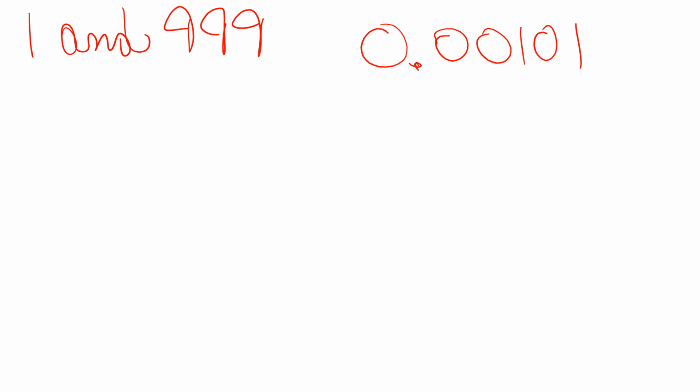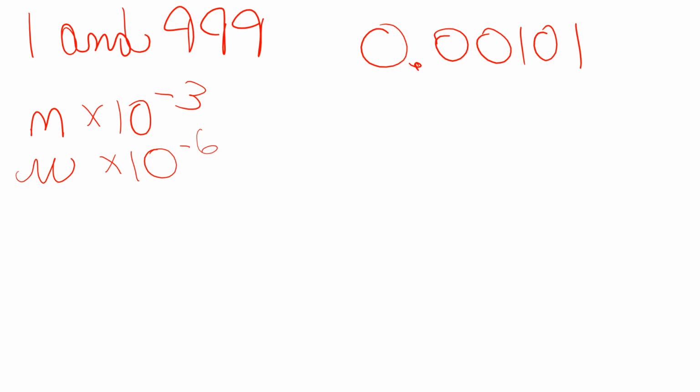So let's do one here. Since it's less than 1, I know that it has to be either milli, which is times 10 to the negative third, micro, which is times 10 to the negative 6, or nano, which is times 10 to the negative 9th. We can use this comma way the other way as well.